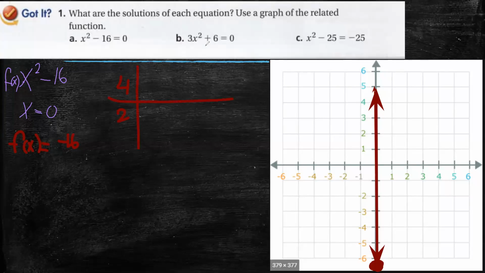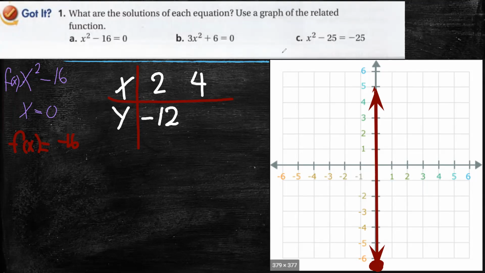Or let's write it like this. Here we have an x, here we have a y. For x, let's choose other points like 2 and 4. At point 2, 2 squared is 4. 4 minus 16 is negative 12.